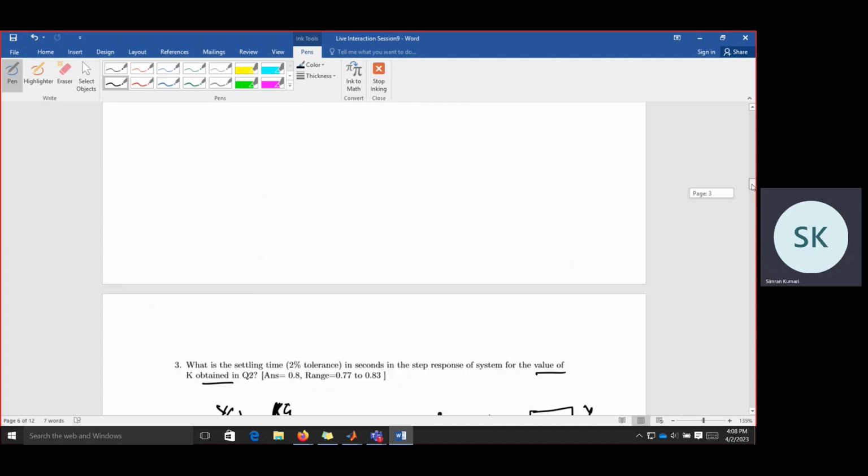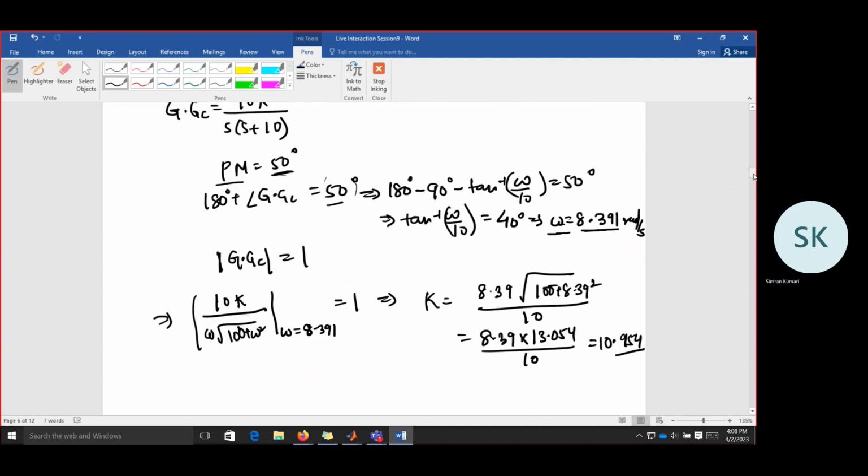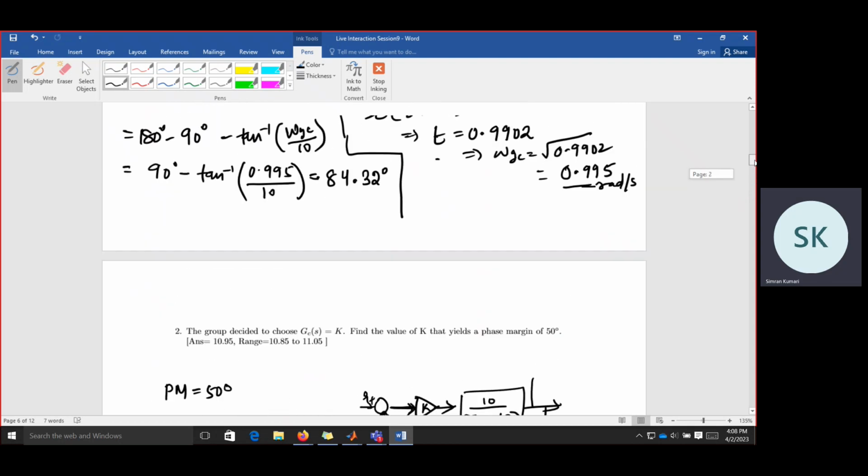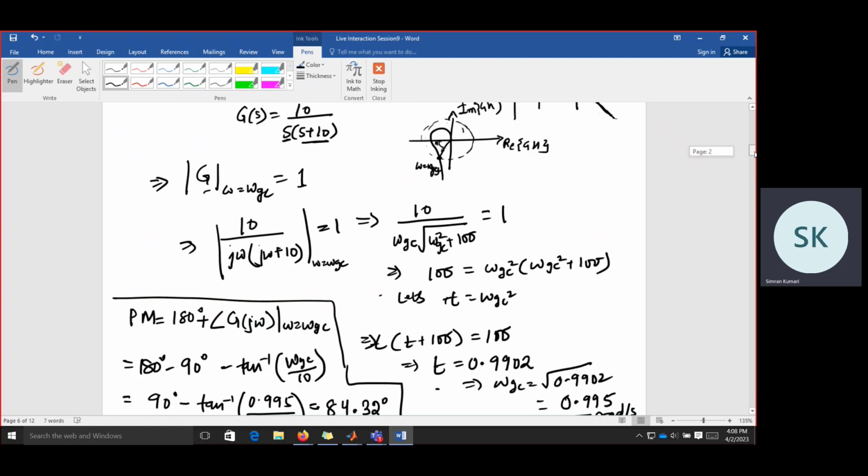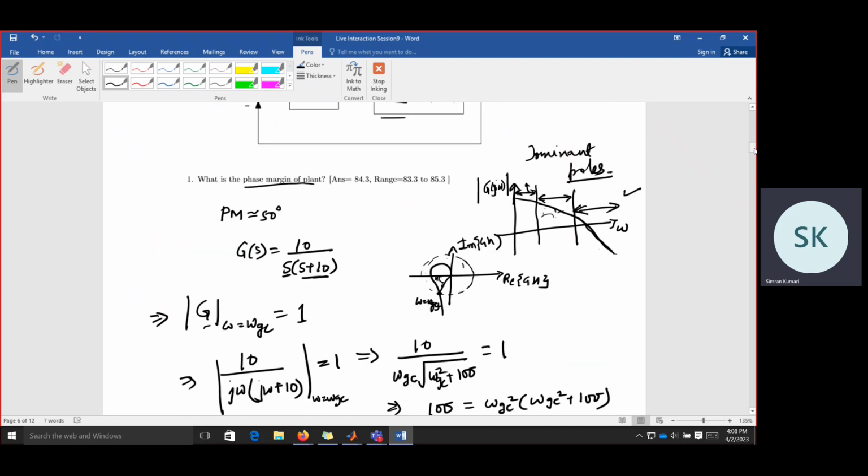When we are talking about improving the steady state performance, we say that we are dealing with this low frequency region. And when we say that we are dealing with transient response improvement, then we are talking about this medium frequency region.